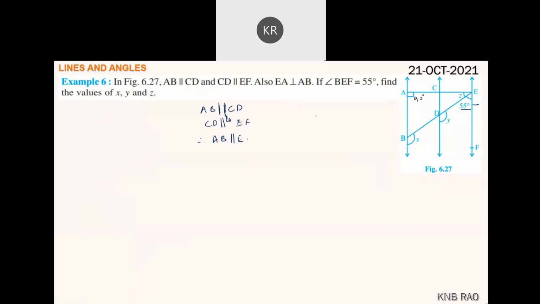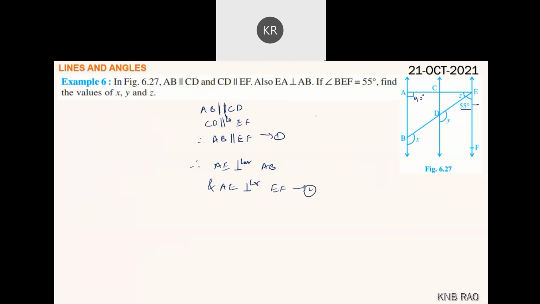The moment AB parallel to EF comes, AE is perpendicular to AB and AE is perpendicular to EF also, because AB is parallel to EF.